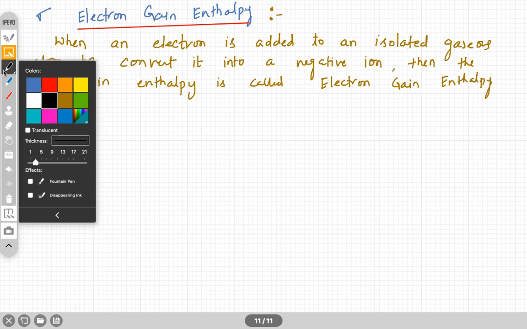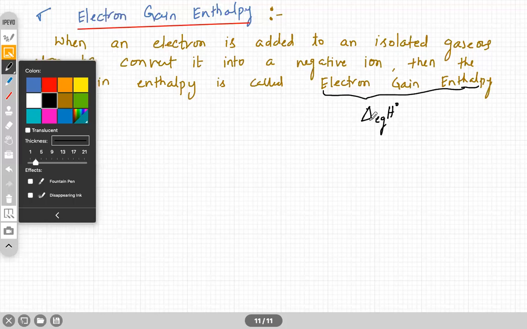So this electron gain enthalpy is represented as delta Eg H naught. Or simply we'll write H negative, because we are adding an electron.